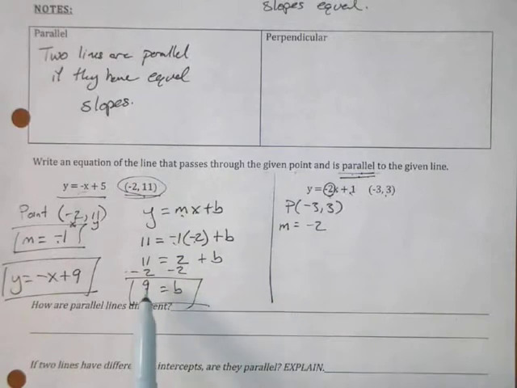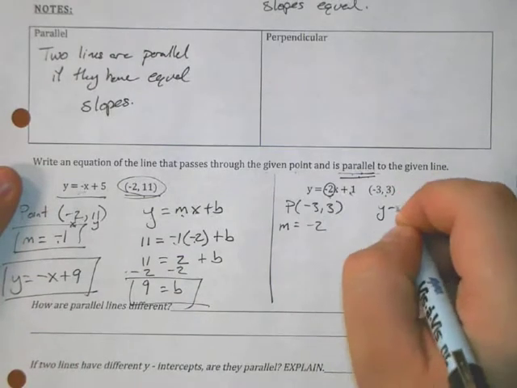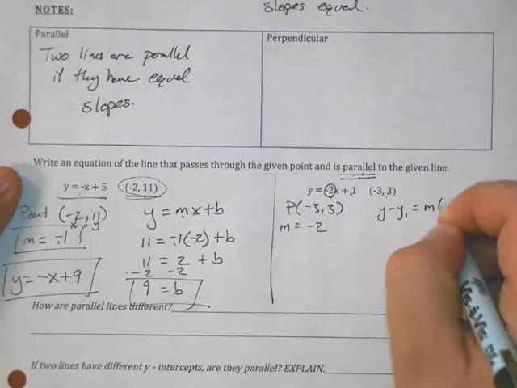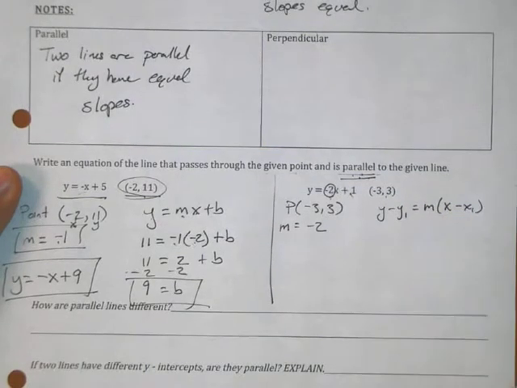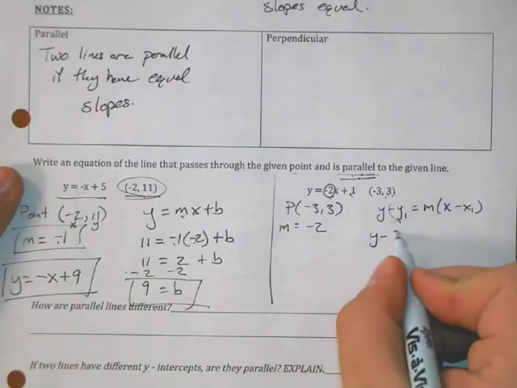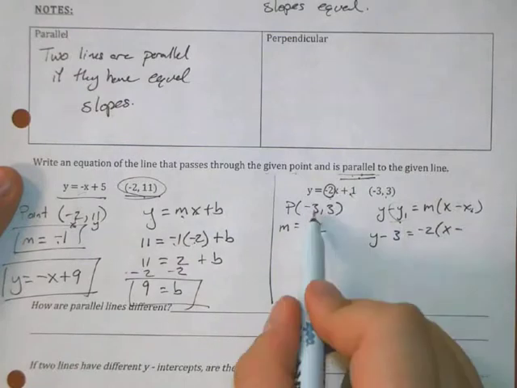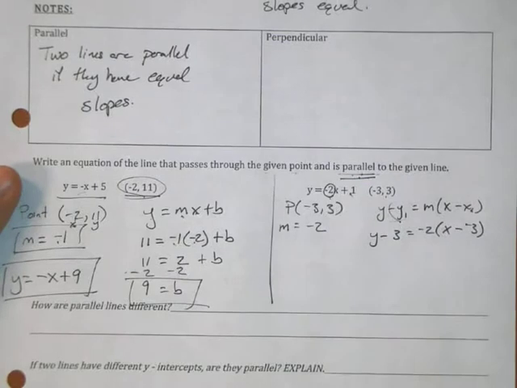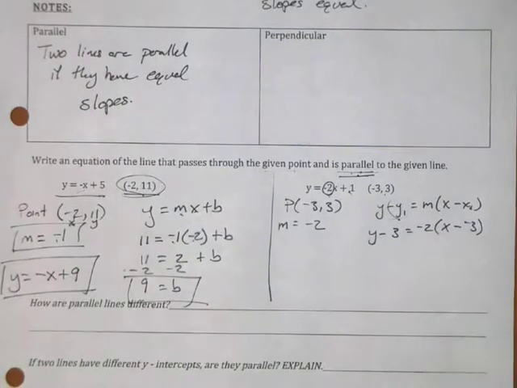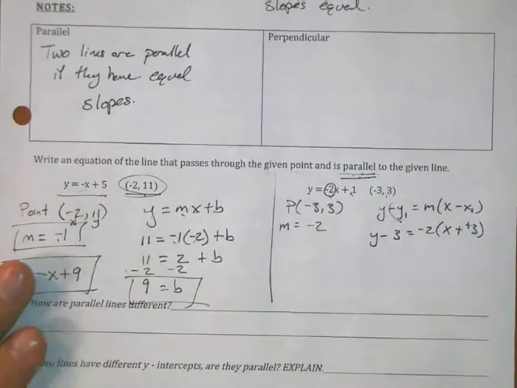Or you could use point slope form, but in the end I want you to rearrange it so it's in y-intercept form. So if you did it in point slope form, it looks something like this. The equation for point slope form was y minus y1 equals m times x minus x1. So let's see. This is the y from the point, the slope, and the x from the point, which is -3, minus a negative plus a positive.